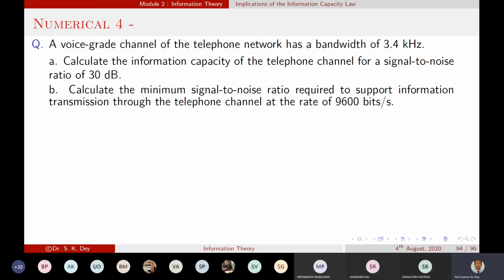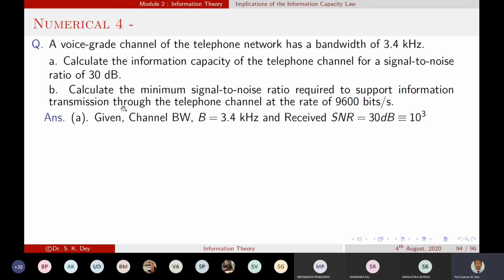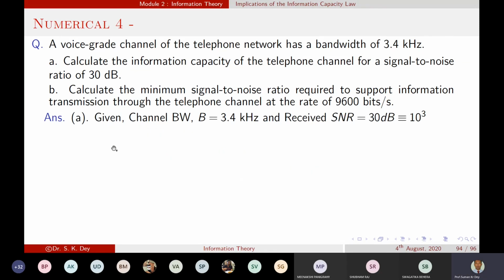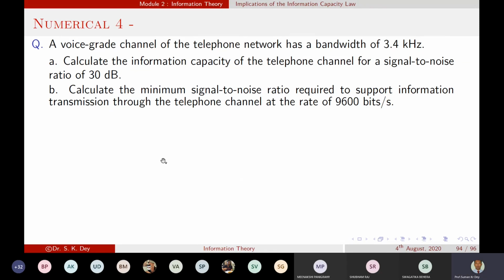One more thing over here: the SNR value in the expression C equal to B log base 2 of 1 plus SNR is the normal SNR, not in dB. So first you have to convert the 30 dB into the normal value.